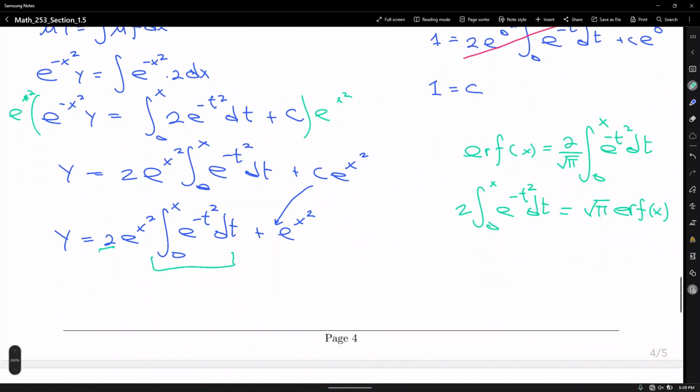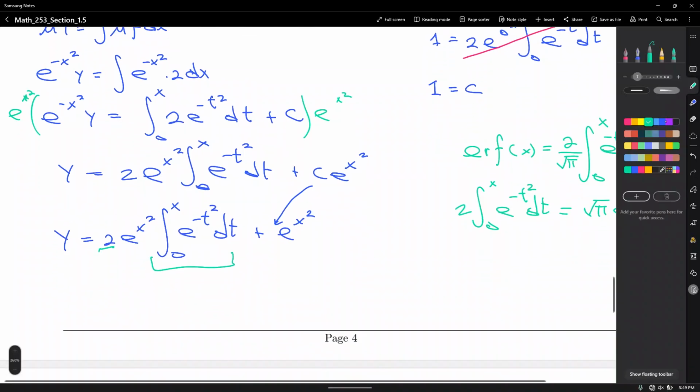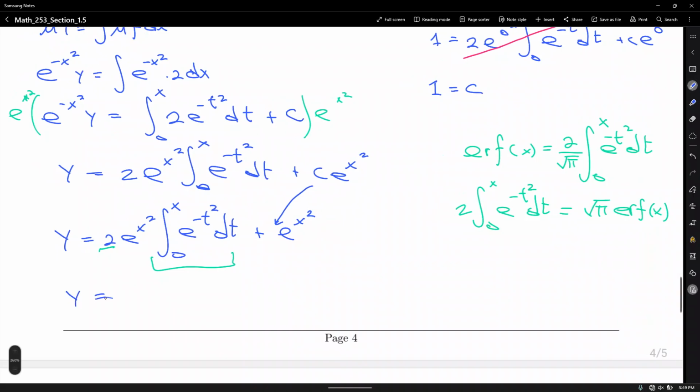Okay? So this will be, finally, in terms of the error function, y equals, actually, how about we factor out the e to the x squared? That equals 2 times the integral from 0 to x, e to the negative t squared dt, plus 1.